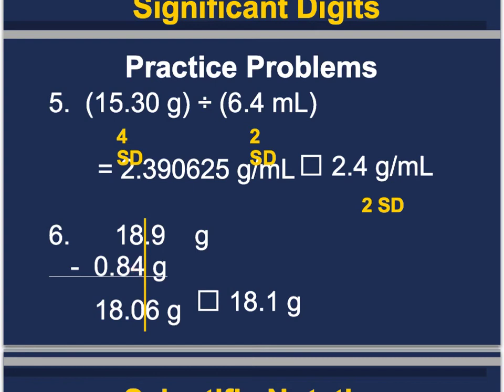We have one in the hundreds place, but since there's nothing in the hundredths place over here, our answer can't have a number in the hundredths place. So we just calculated like we normally would, 18.9 minus 0.84. This is the answer we come up with. Again, we look at this last digit here. It's 5 or bigger, so we'll want to round this digit up, so it should be 18.1 grams, and you can see in our answer here, that's what we came up with.